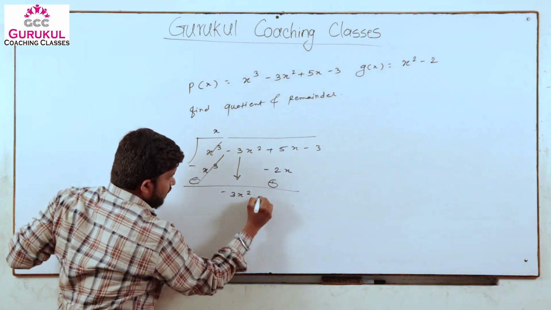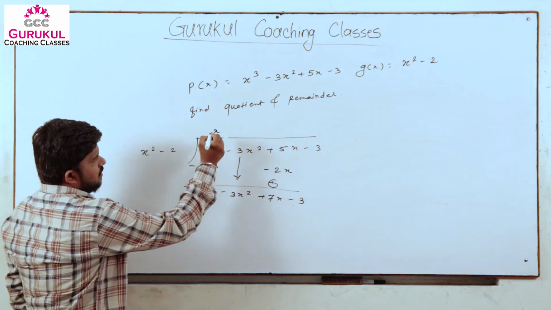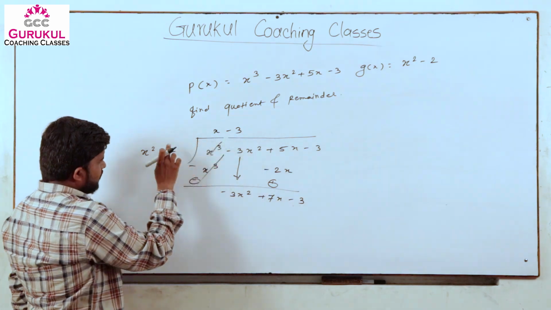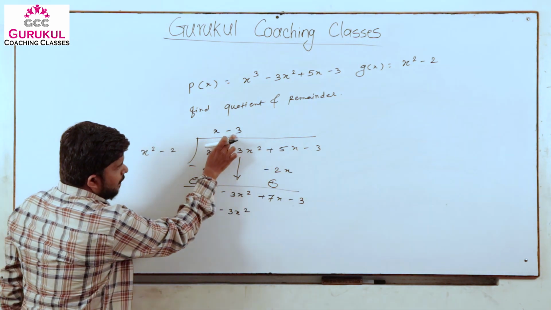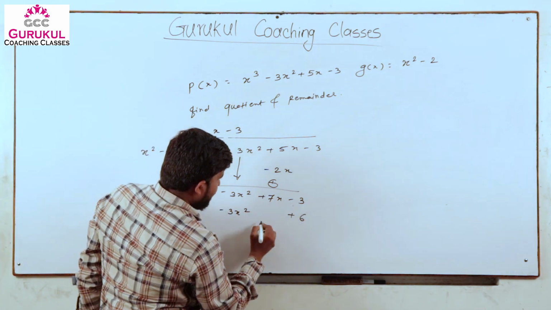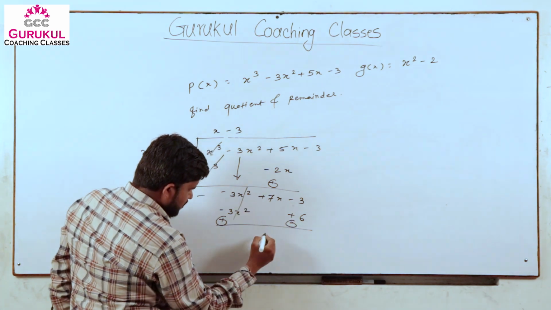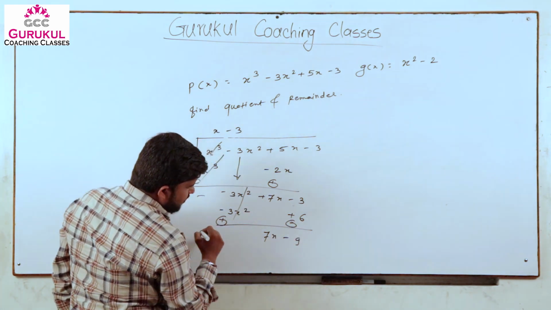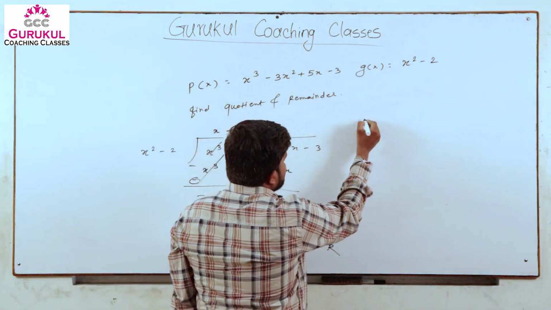Minus 3x square plus 7x minus 3. Minus 3 into x square, minus 3x square, minus 3 into minus 2, plus 6, minus plus minus. So 7x minus 9 is the remainder, and this is the quotient.